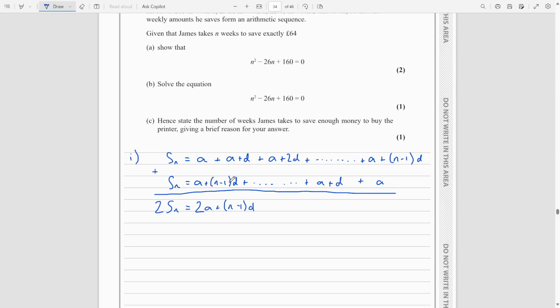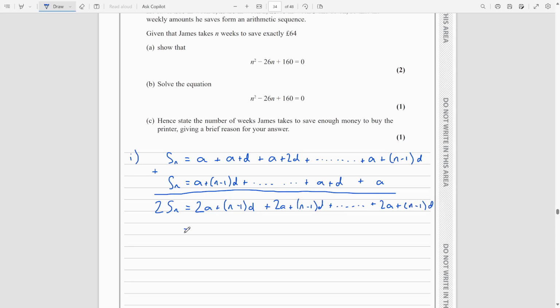If you think about it, the number of d's is simply dropping down by 1 here and going up by 1 here each time. So they must be the same. So it's 2a plus (n minus 1)d all the way until the final 2a plus (n minus 1)d.